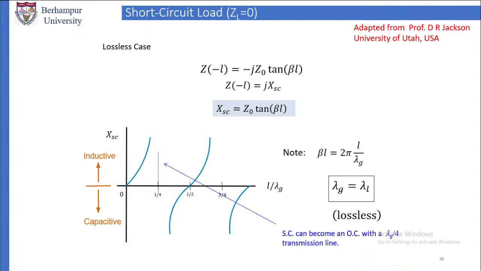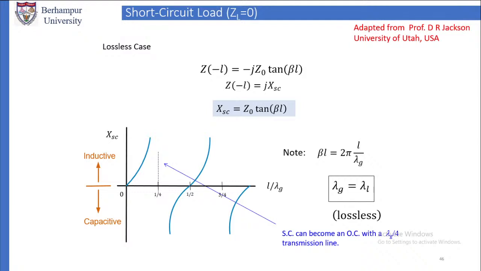Then it will be inductive over the next half, then over the next half it will be capacitive. So that way it will continue. So a short circuited transmission line can become an open circuit when beta L is equal to pi by 2, or lambda g by 4 transmission line.